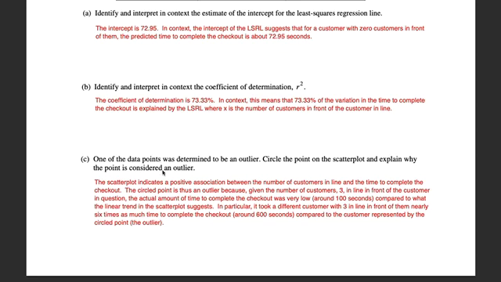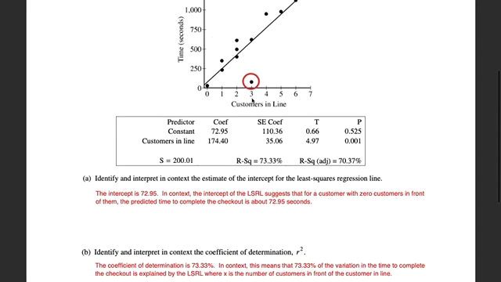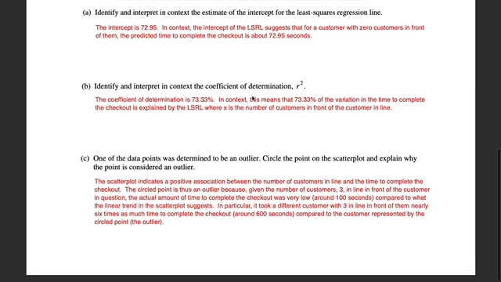So the scatter plot indicates a positive association between the number of customers in line and the time to complete the checkout. So the circled point is thus an outlier because given the number of customers, 3, in line in front of this customer in question, so given that we're working with an x value of 3, the actual amount of time to complete the checkout was very low.